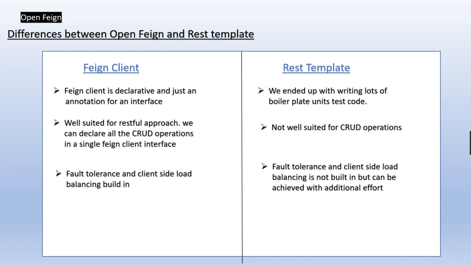But with REST template, we need to write test cases for unit testing. And Feign client is well suited for CRUD operations, but REST template is not. Whereas in Feign client, fault tolerance and client-side load balancing are built in. In REST template, fault tolerance and client-side load balancing are not built in, but can be achieved with additional effort.